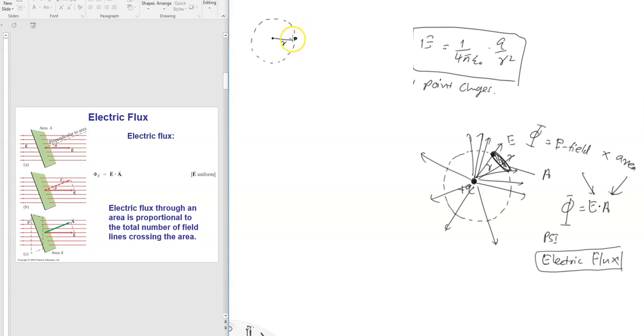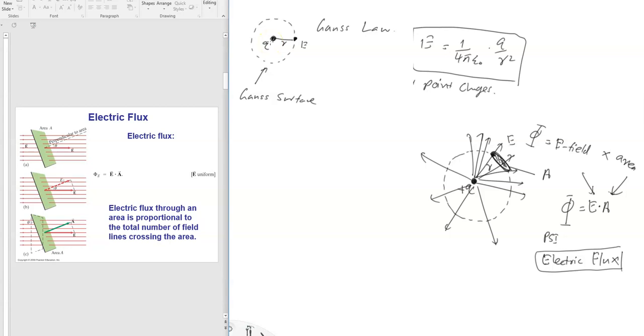Now when it comes to Gauss law, my question is find the electric field at this point, so I draw a circle. We call this the Gauss surface. This Gauss surface is covering this little charge inside it, right? This is my charge Q.